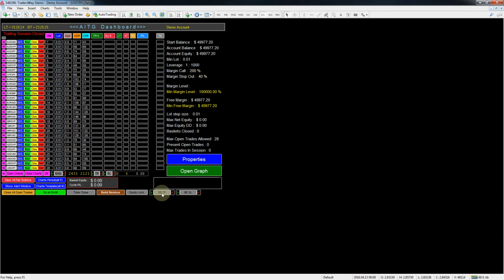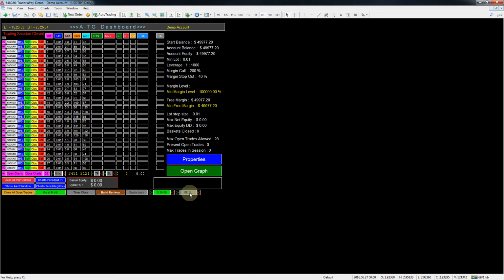Now what we have here is a basket equity take profit. If you click on that, in this case we're at a 0.01, it comes up at $10. You can change it up or down with the arrow buttons there. In this case, when the basket equity price, which is right here, reaches $10, all the trades will be closed.